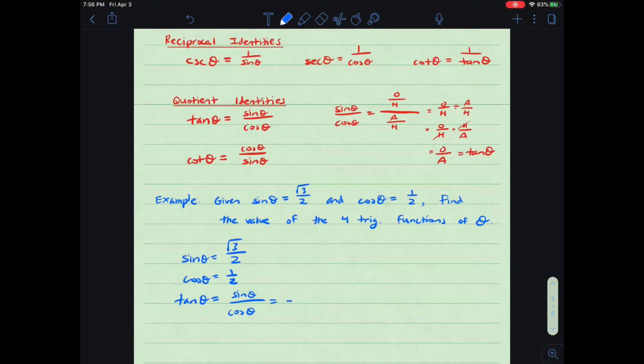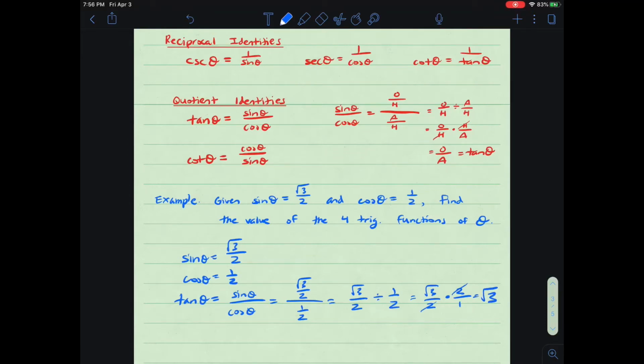Sine theta is root 3 over 2. Cosine of theta is 1/2. Here we have root 3 over 2, right? The numerator divided by the denominator, which we know that's the same thing as saying root 3 over 2 is multiplied by 2 over 1. The 2's will reduce, and I'm left with root 3, and that is tangent of theta.